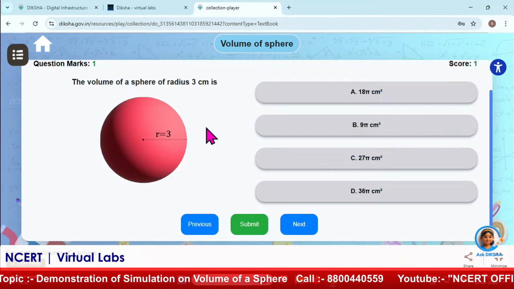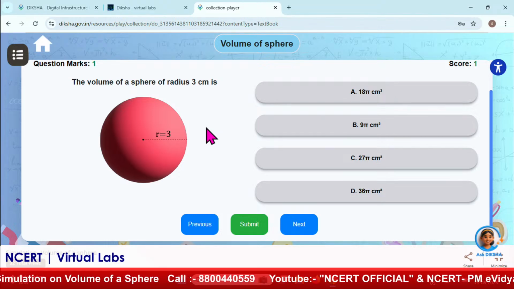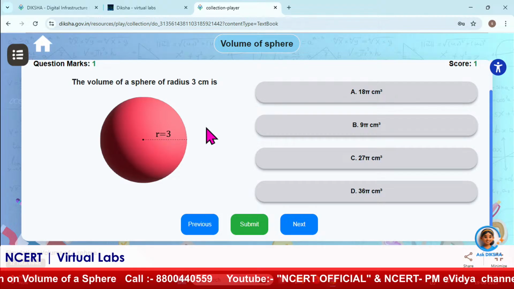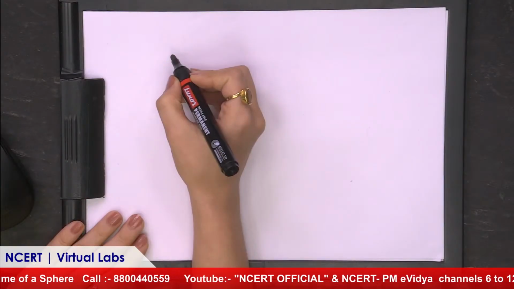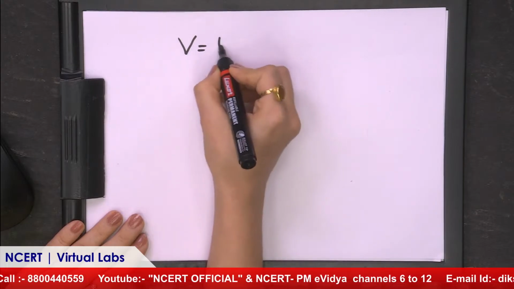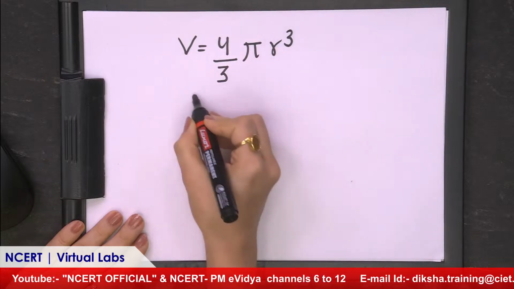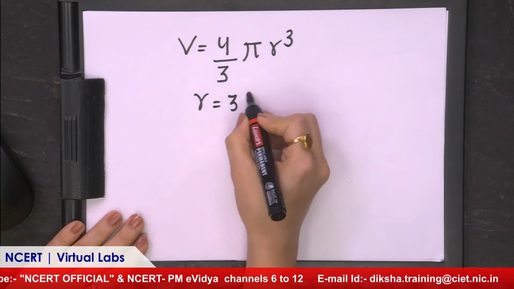Find the volume of the sphere when the radius is 3 centimeter. Just write the formula of the volume, that is 4 by 3 pi r cube. And what is r? R is given as 3 centimeter.